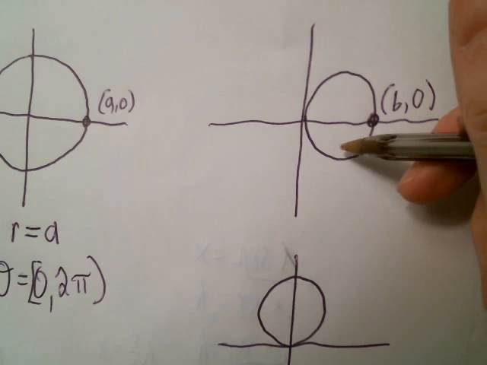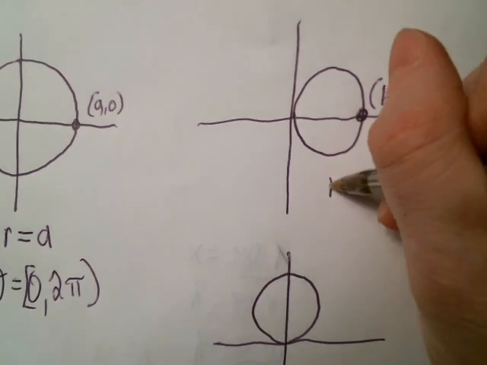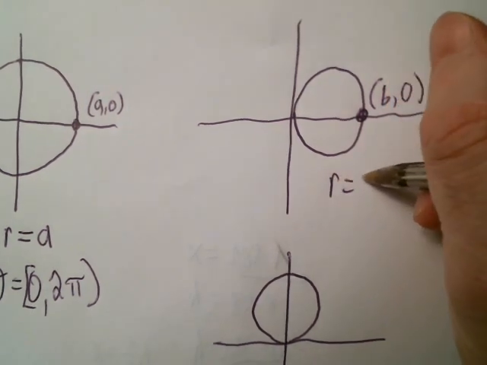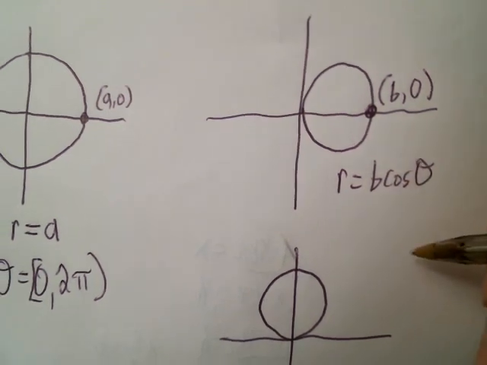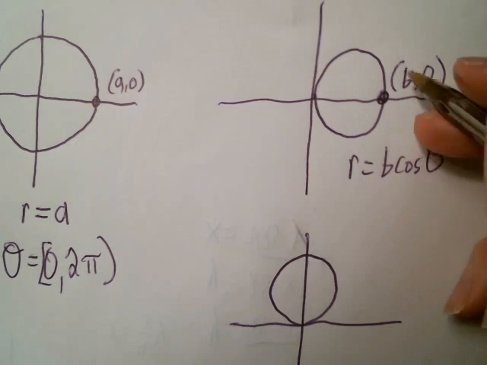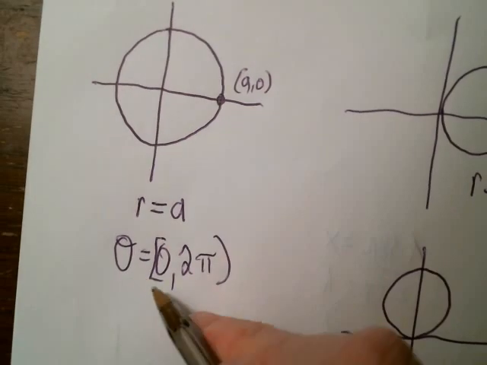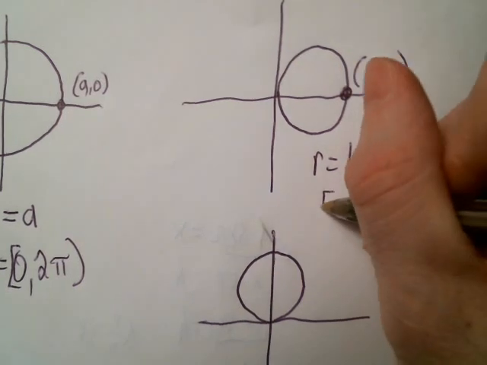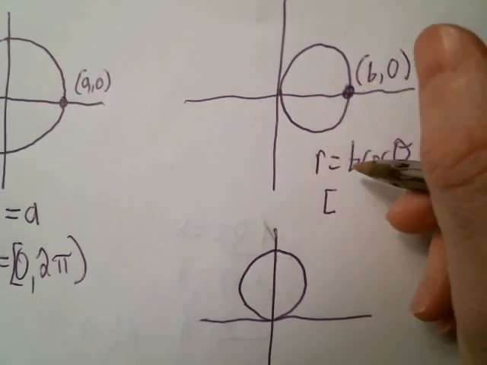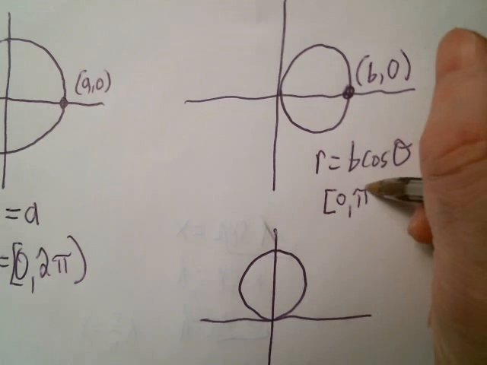The formula for this guy is always going to be r equals b cosine theta. The thing you have to be careful about is that the rotation is not 0 to 2 pi. The full rotation to get this picture is just 0 to pi.